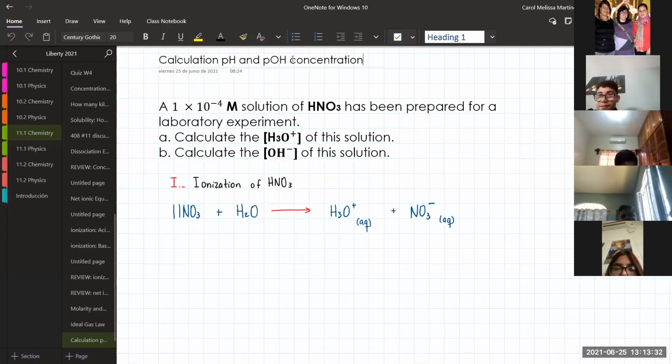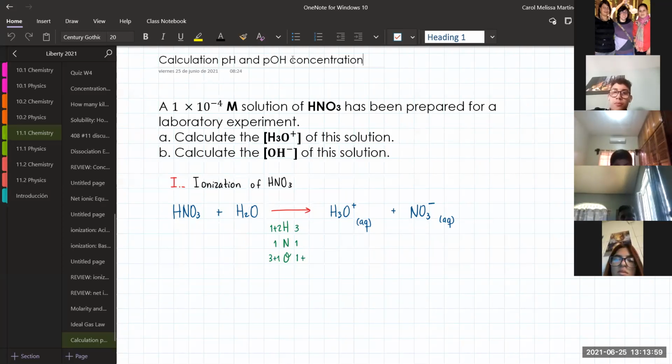Okay, after this, what we have to do is check that the equation is balanced. Just compare the amounts of hydrogen, nitrogen, and oxygen on each side of the reaction. You have 1 plus 2 on this side, and on the other side you have 3. You have 1 against 1, and here you have 3 plus 1, and here you have 1 plus 3, which is the same.